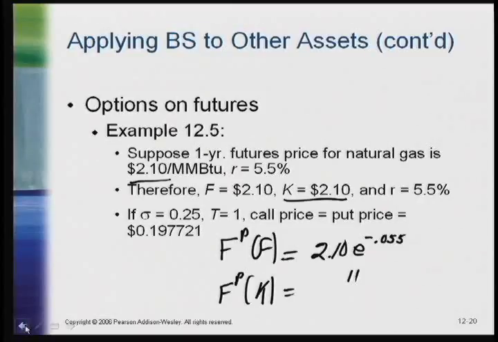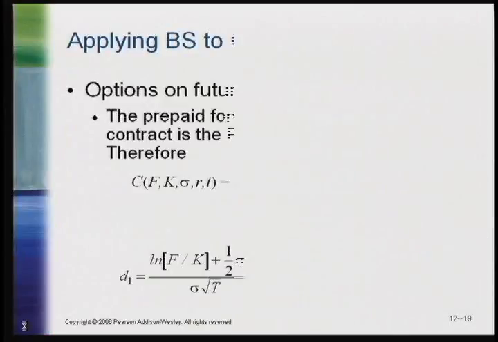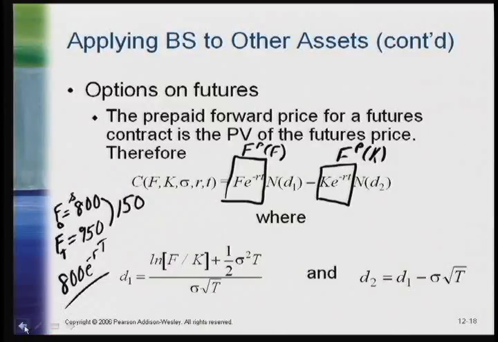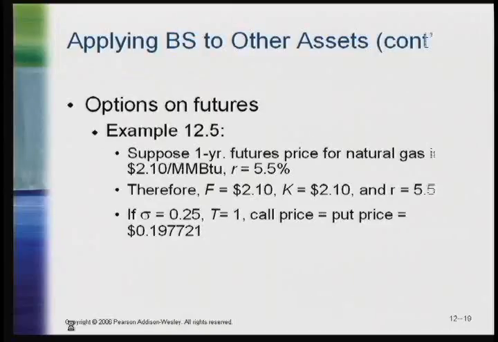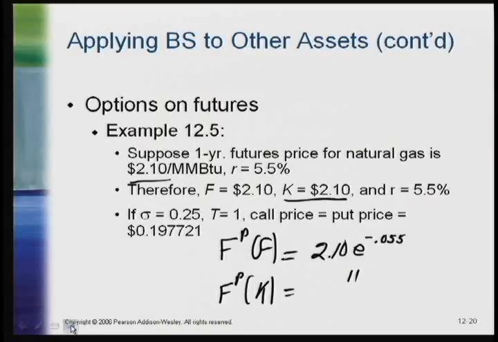If we go back to the earlier formula, notice that in the formula for D1, the e to the RT terms cancel. In this example, the natural log of F over K is the natural log of 1, or 0, so that term cancels out. But in general, the RT terms cancel in the D1 factor. And with that, we then get a call and a put.